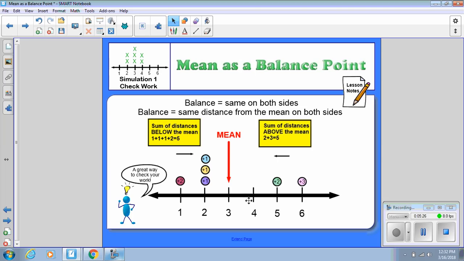And these, 5 is 2 spaces away from the mean, and 6 is 3 spaces away from the mean. 2 plus 3 is 5. So they are both equal distances away from the mean, even though they don't necessarily look like it. They are, which means that it is true that that is our mean.